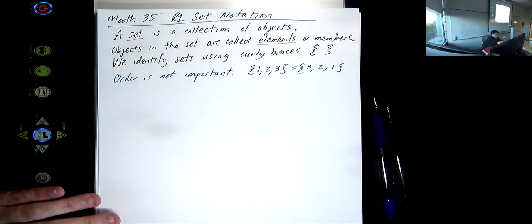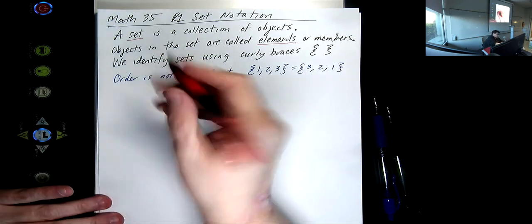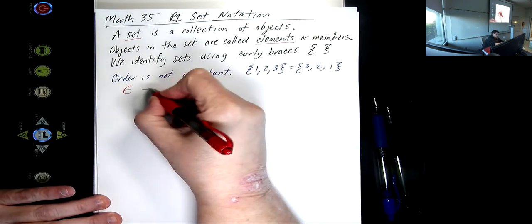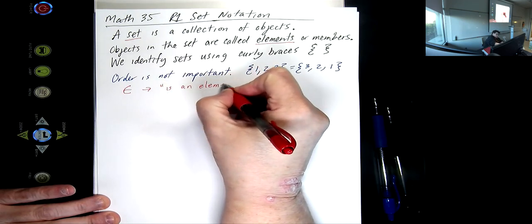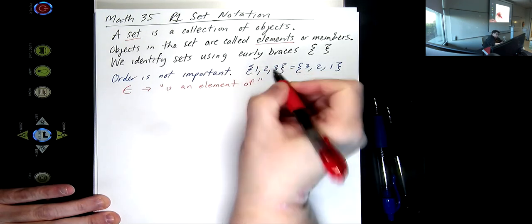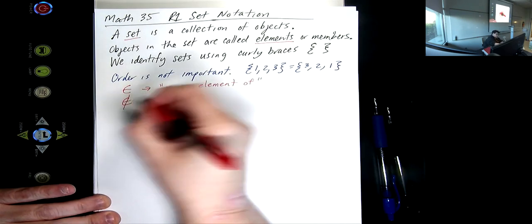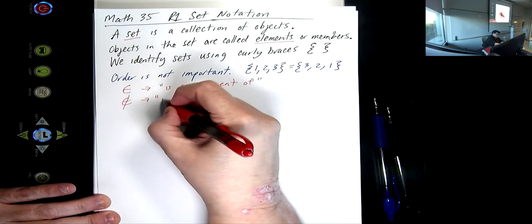If we're identifying members of a set, we will use this symbol. This means "is an element of." And if we cross this off, it means "is not an element of."